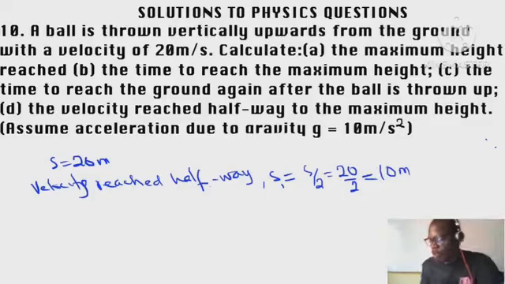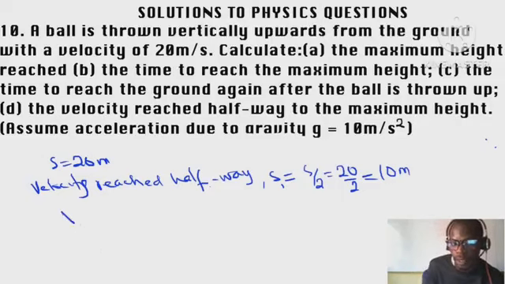And from there, we can also use the third equation of motion to do that. When we use that, we are going to use v square equals u square plus 2ax. As we know, all our conditions are still intact, because at this point we want to calculate the final velocity here.